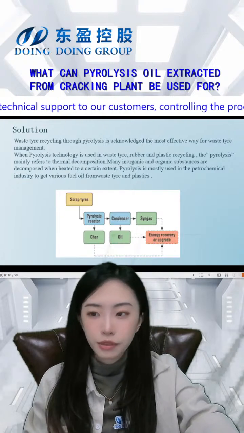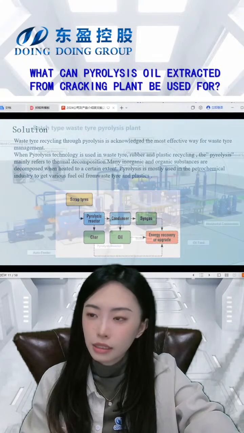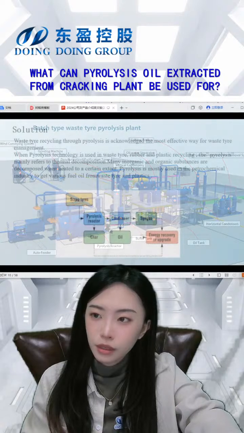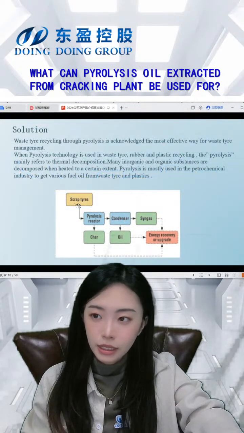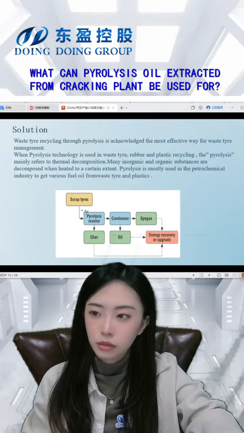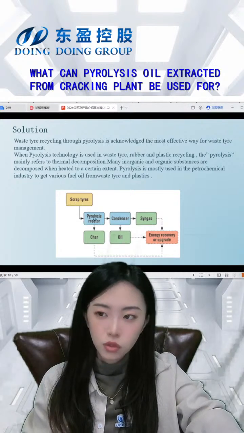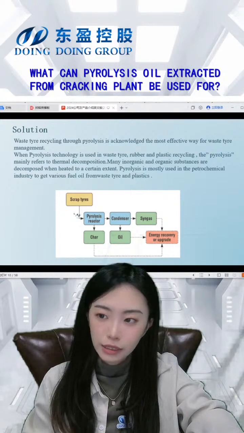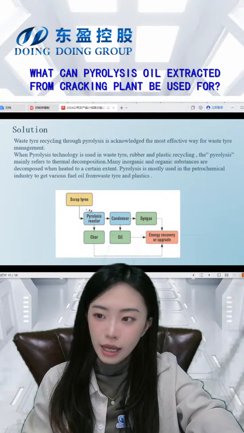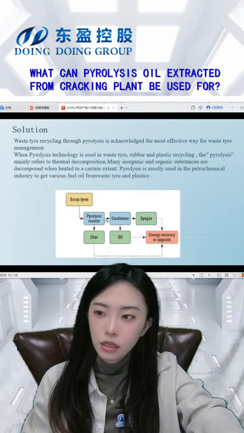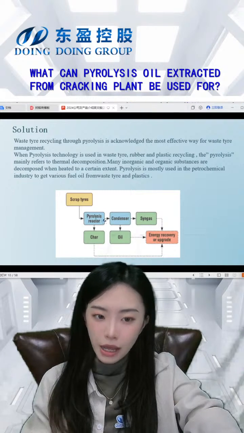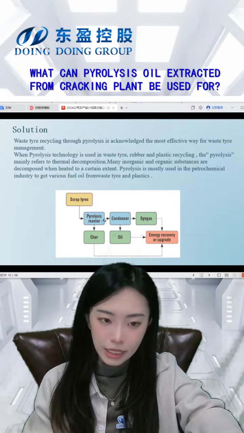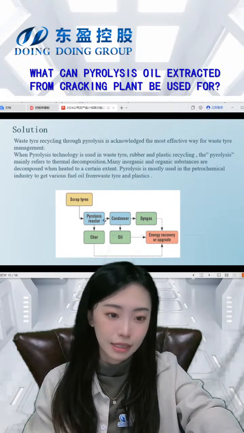Now this is a brief outline, and here you can see this. We take the scrap tires and put them into the pyrolysis reactor, then we get the char, and the flue gas will come out to the condensation system, or the condensers.